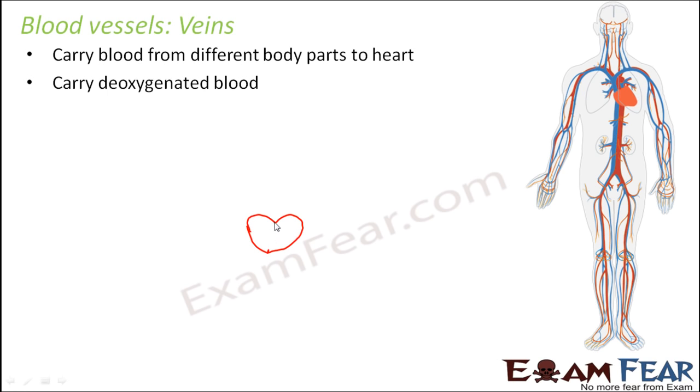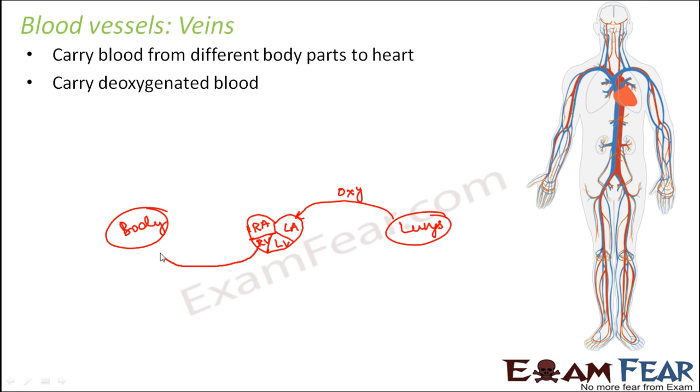So this was the heart with the 4 chambers: right auricle, left auricle, right ventricle and left ventricle. This was the lungs and this was the body. This used to be the oxygenated blood, flowing to different parts of the body, and this used to be the deoxygenated blood, flowing back to the lungs.